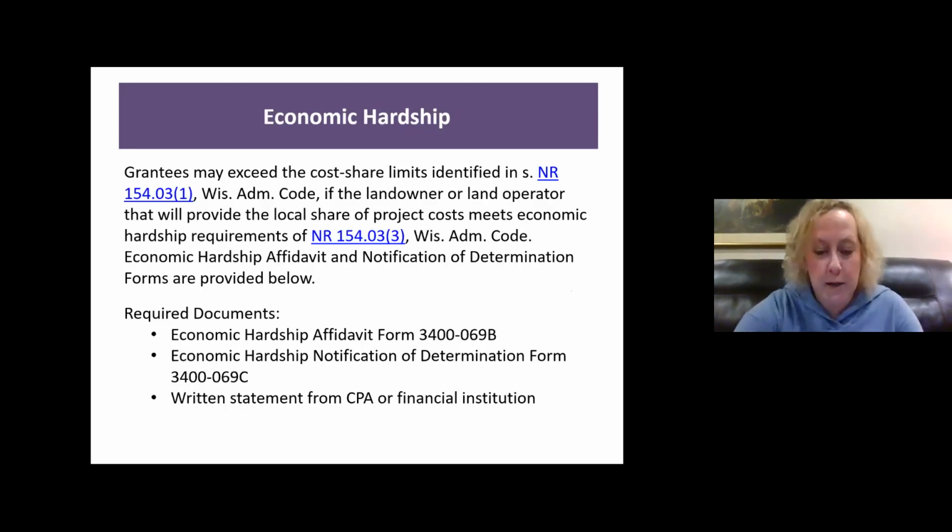Some of you in your grant award may have landowners that are facing tough times in terms of having economic hardship. And the administrative code does allow for exceeding the standard 70% cost share rate when landowners or operators can provide evidence of meeting the economic hardship requirements.